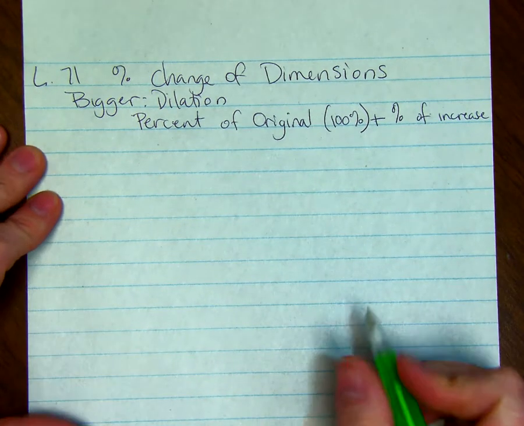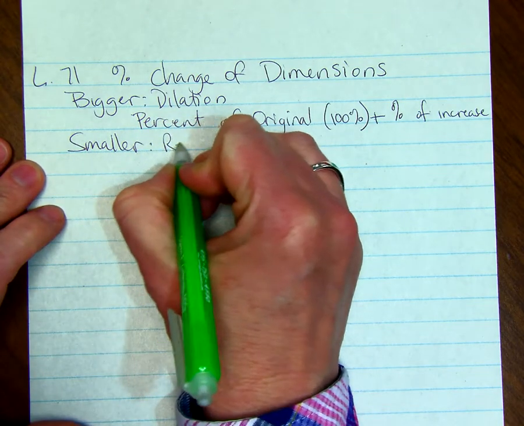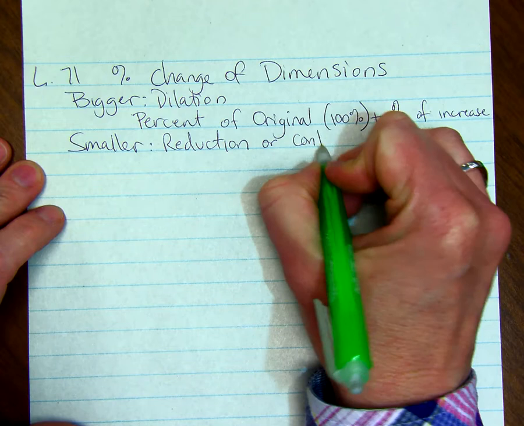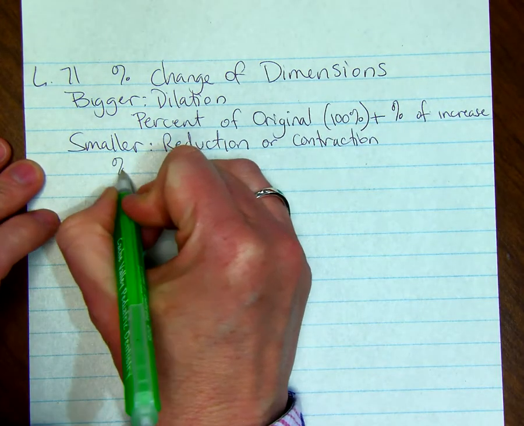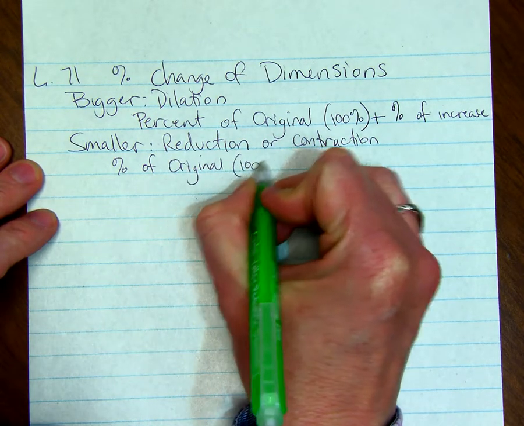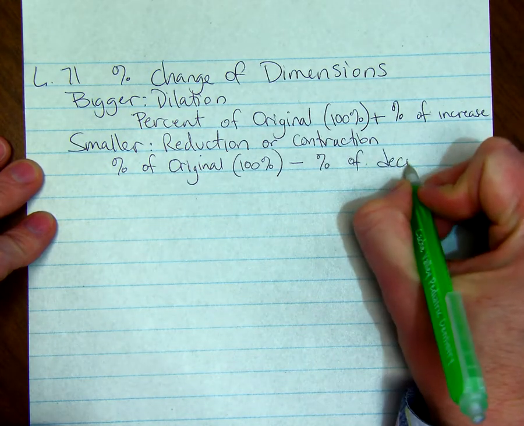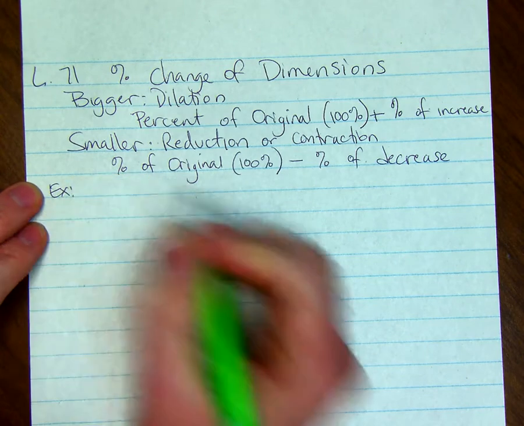If we're getting smaller, that's called a reduction or contraction. In that case, we take the percent of original, which is 100%, and we're going to subtract the percent of decrease. So here's an example where we would use this.